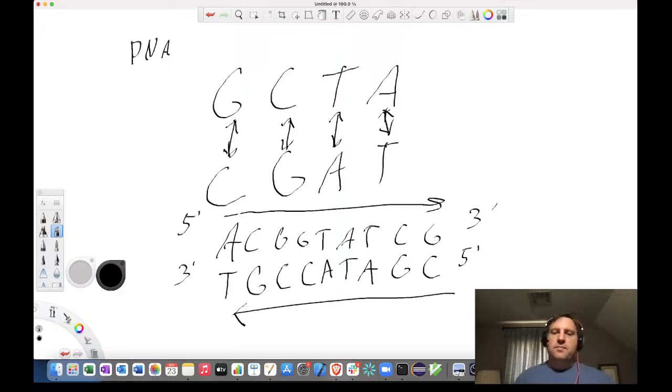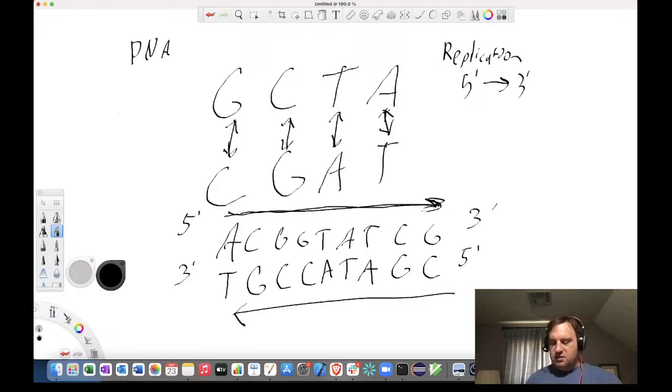When the DNA is being replicated, replication only occurs 5 prime to 3 prime. So let's say the DNA is going along this strand.